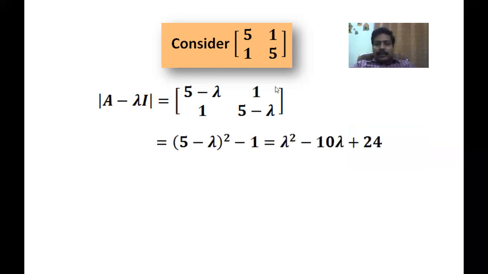I have to take the determinant here. So this will become 5 minus lambda whole square minus 1. That is lambda square minus 10 lambda plus 24.